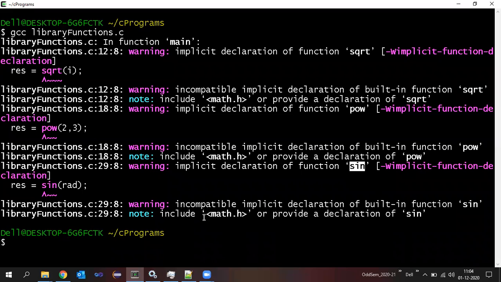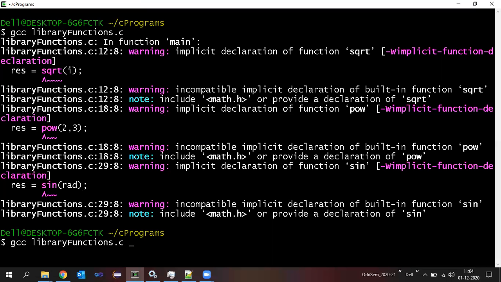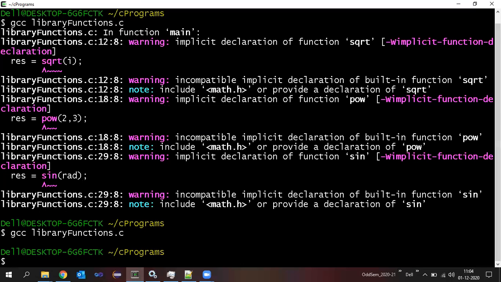It also gives us a hint to include math.h in the program. So if we include that one, run the program, this time compile the program, and all those errors will not be seen.